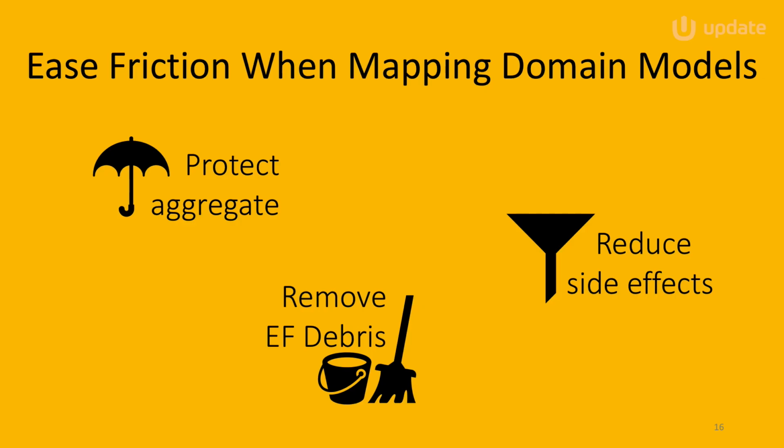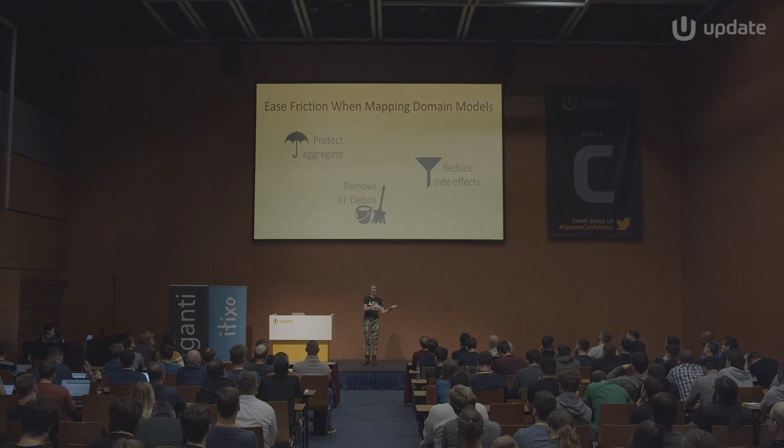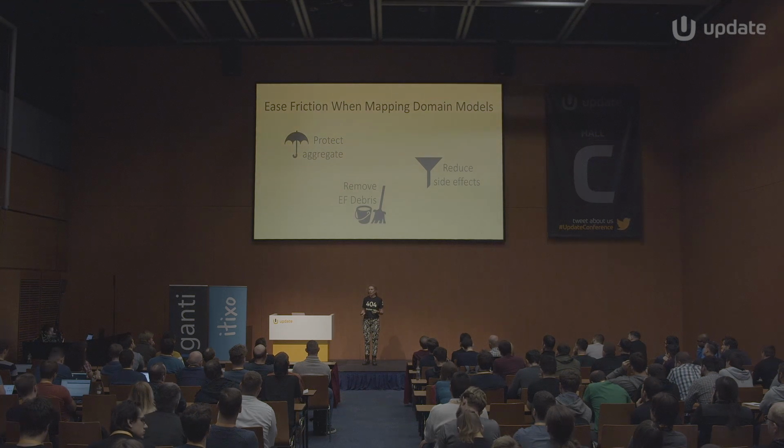The other thing I want to point out is that as I go through these different patterns and the mappings, I was trying to organize them a little bit. So I came up with these little icons you'll see on the slides as I introduce each of the different patterns. Some of the patterns are about protecting the aggregate for the ADDDD pattern, making sure nobody does things and makes the aggregate invalid.